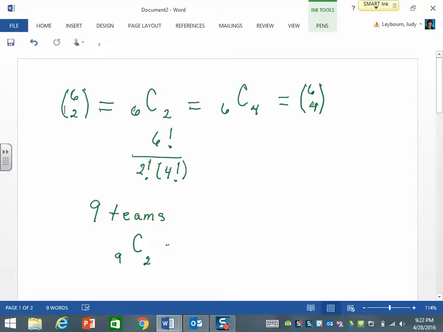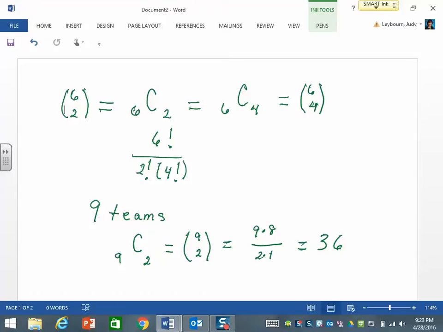And again, I could write it this way. And that would be equal to 9 times 8 all over 2 times 1, which would be 36. And if I had each of the teams playing all the other teams twice, it would just be 72 then.